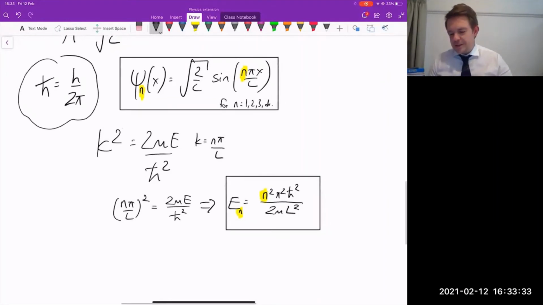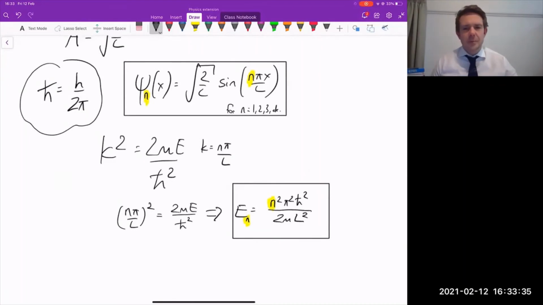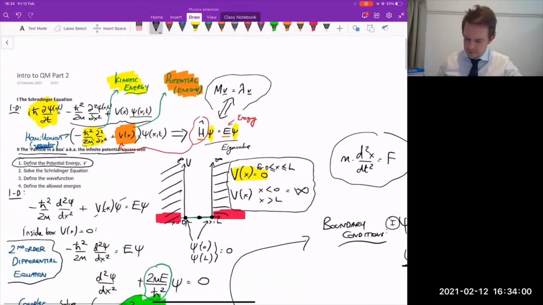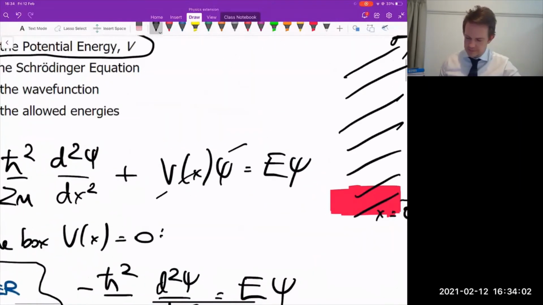Now, these two equations, we've basically done what we set out to do, because I've showed you that there are n wave functions, each with a specific value of energy. Now, these functions and the energies, where have they come from? They've come from this equation.